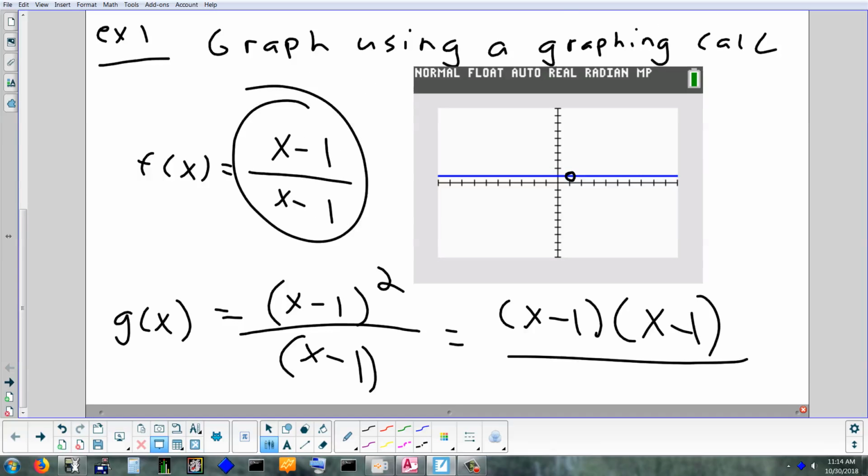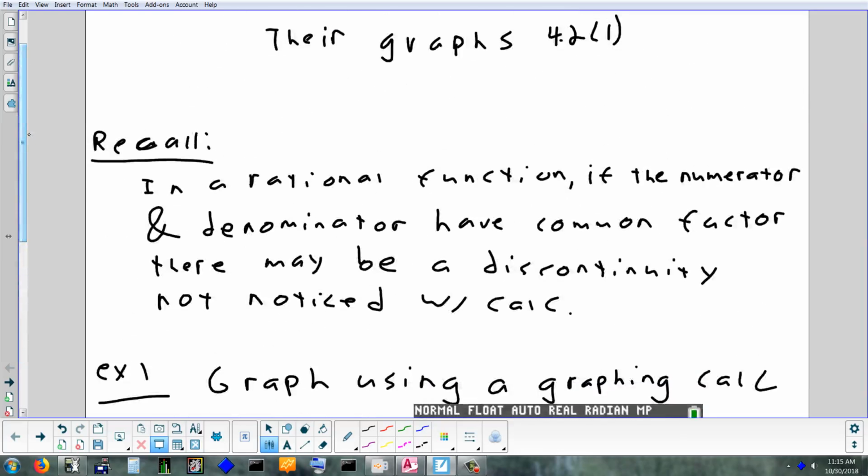That's what x minus 1 squared means, over x minus 1. Do the top and bottom have any common factors? Yeah, what's the common factor? X minus 1. So because they have a common factor, we're going to get that situation where we might not notice it on the calculator. That means it's a small hole again.